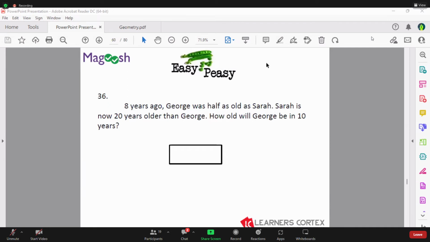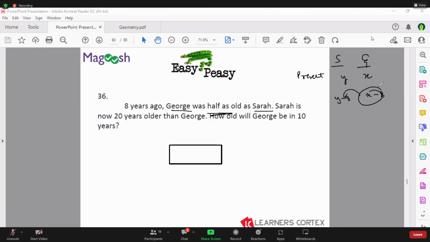Okay. So it is given that 8 years ago, George was half as old as Sarah. So let's take George and Sarah. Now the thing is, we do not know the present ages, so we cannot compare. So let's say present ages is X and here it is Y. Okay. So 8 years ago, that will be X minus 8 and Y minus 8. It is given that George was half.